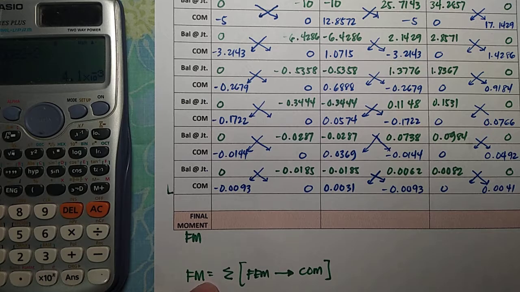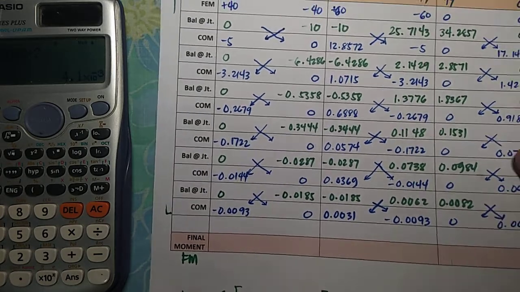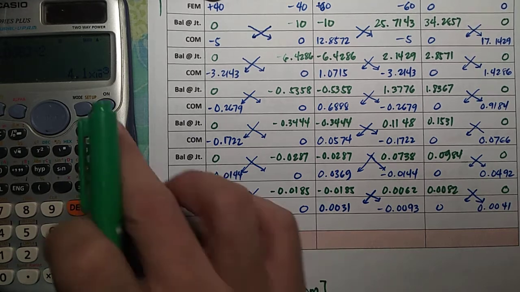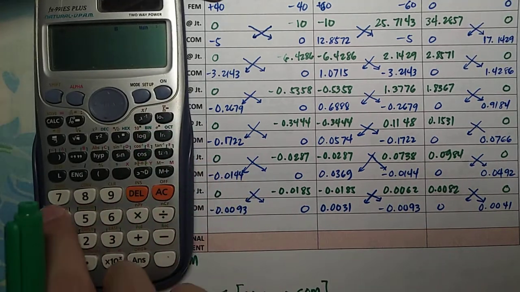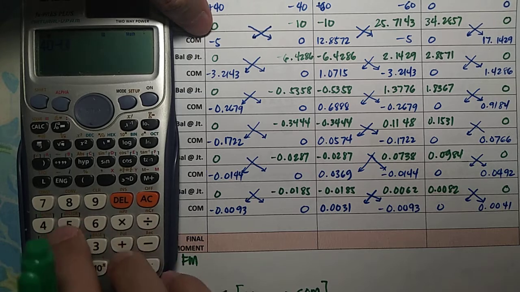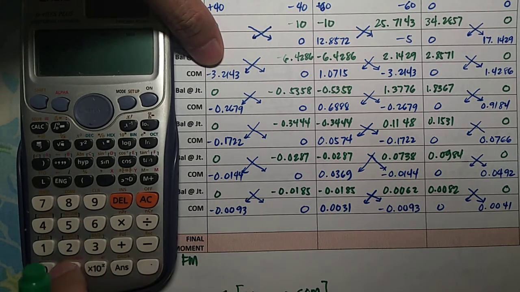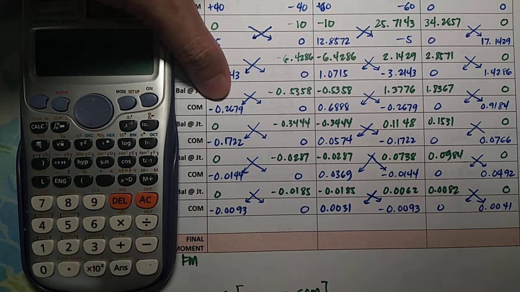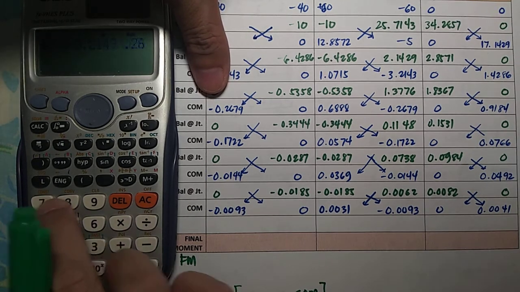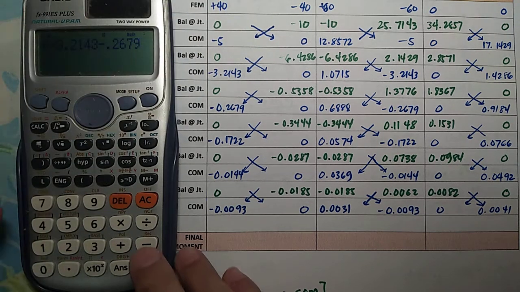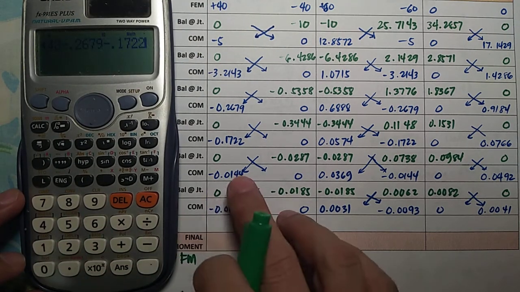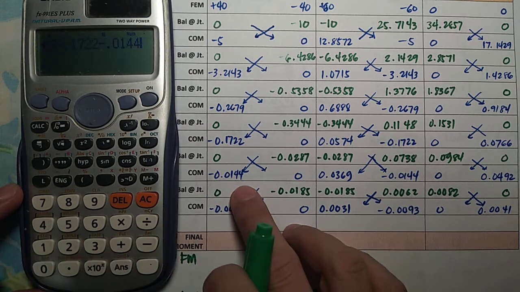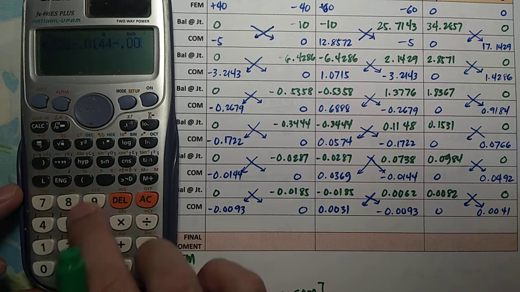Let's say for point A. We sum starting from the FEM. So 40 minus 5 minus 3.2143 minus 0.2679, then minus 0.1722, then minus 0.0144, then minus 0.0093.